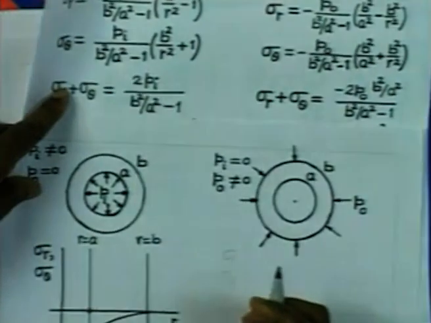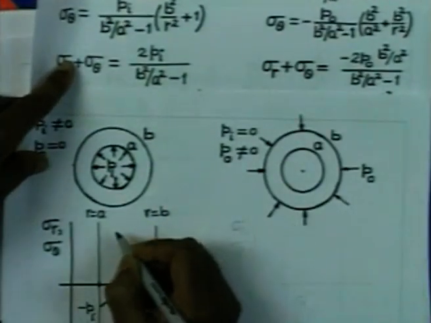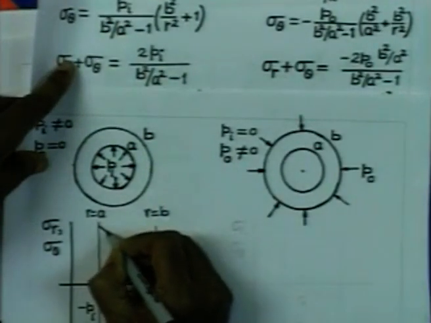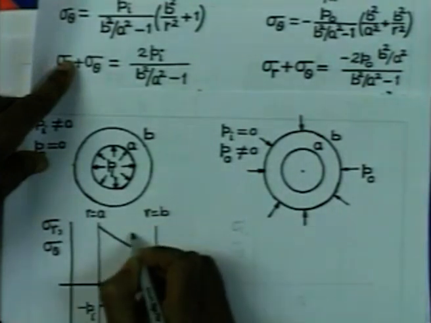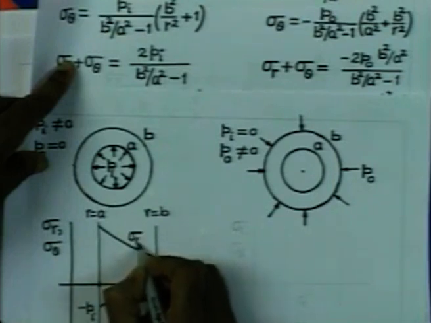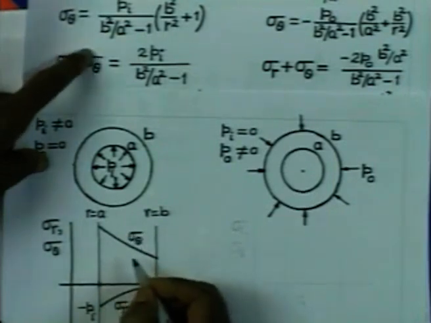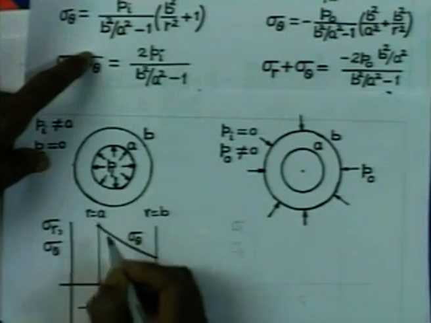So, therefore, it is going to be a negative slope, and the variation of the hoop stress is going to look like this. So, this is the variation of sigma theta, and the maximum stress is going to occur at the internal radius.